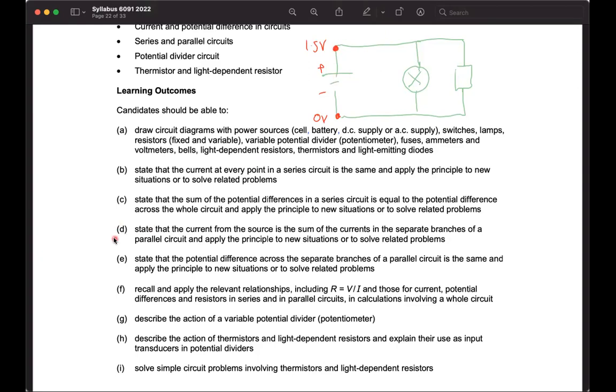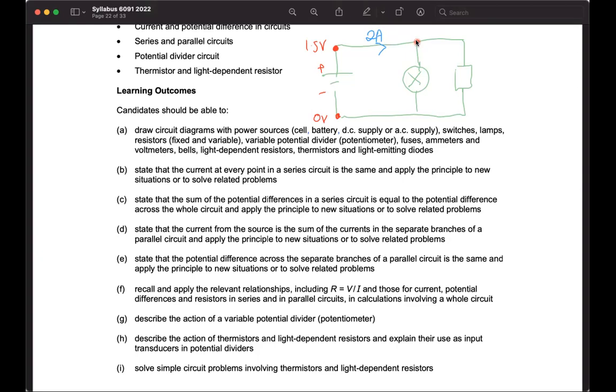Same as earlier on. If I have 2 ampere of current coming out from the battery, when the current reaches this junction, this current has a decision to make: either go through the bulb or go through the resistor.